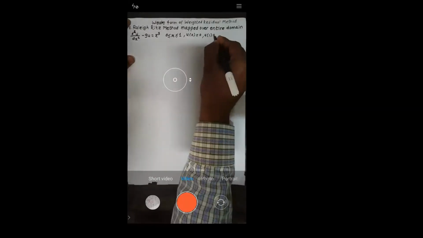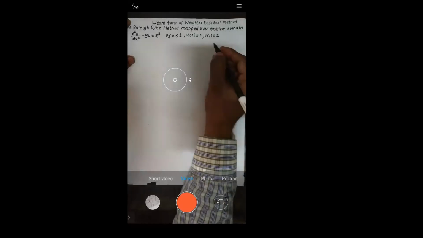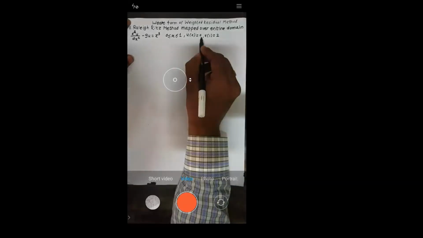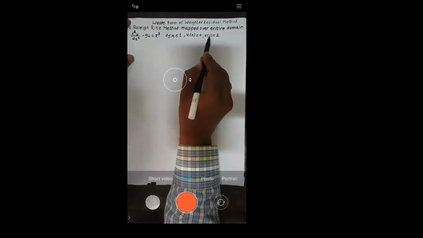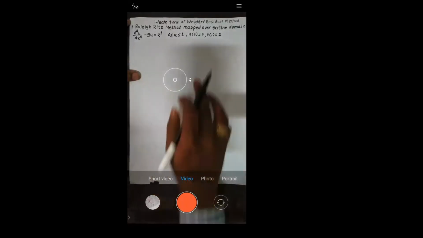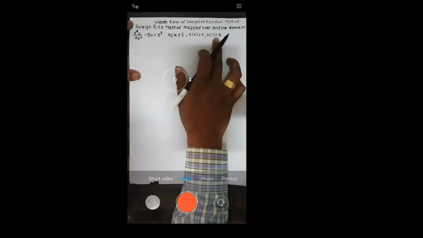Otherwise you can read it like this: u is 0 at x is 0, u is 2 at x is 1. These two are called boundary conditions.